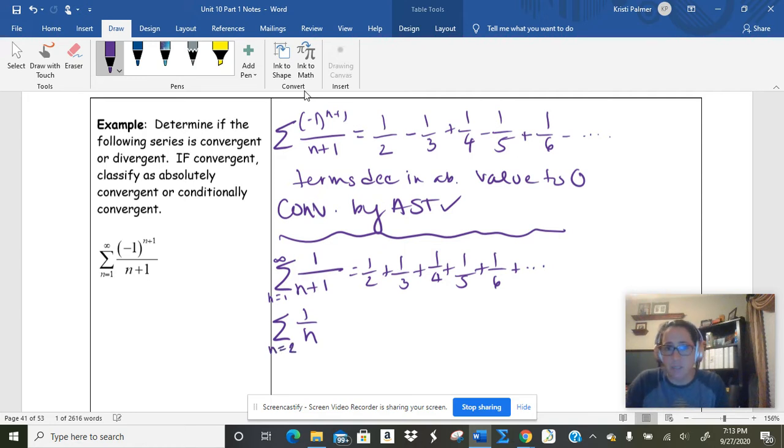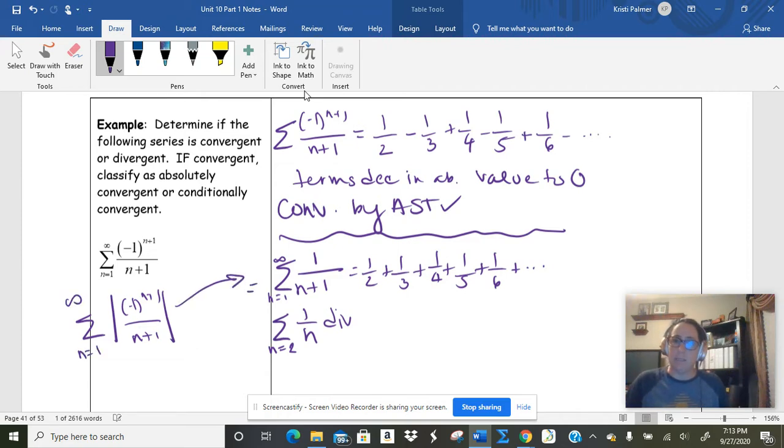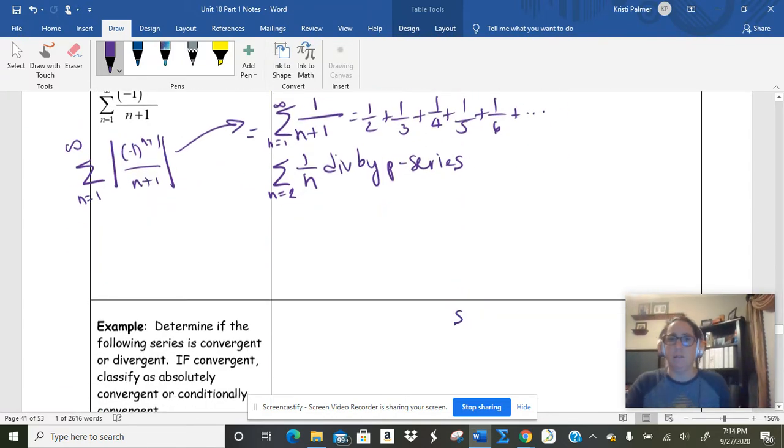This is a p-series, just an adaptation of where it started. But this actually diverges. That was the absolute value of the a sub n, and this one diverges by the p-series. So since the original converged, but the absolute diverged, this would make it conditionally convergent.